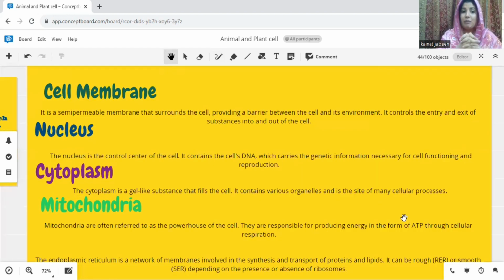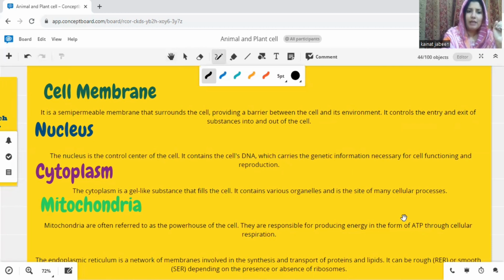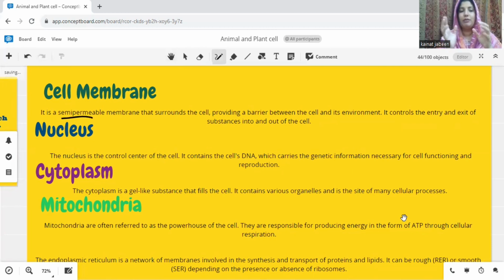It is a semi-permeable membrane that surrounds the cell, providing a barrier between the cell and its environment. It controls the entry and exit of substances. Semi-permeable means it allows some things to move in and out, not everything. It is a good barrier between the cell and the environment and controls entry and exit.